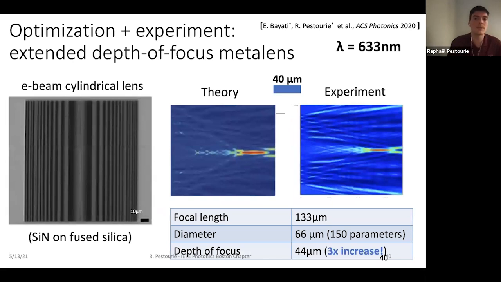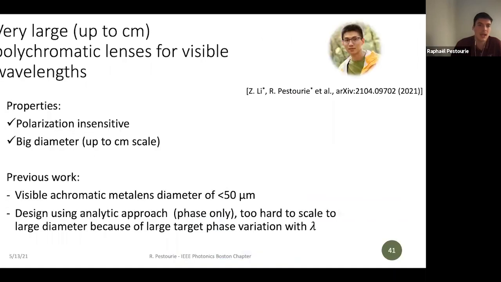This was a 2D problem in the sense that the solver was 2D, and so it results in a cylindrical lens where basically your optimal structure is extruded out of your screen, and it looks like that. And we could have a 3 times increase of the depth of field compared to a regular lens. So we're very happy with that. And we can see that the experimental results match the theory very well.